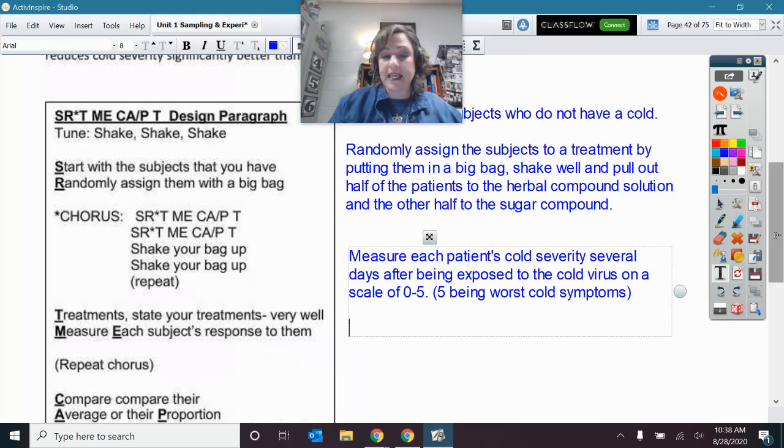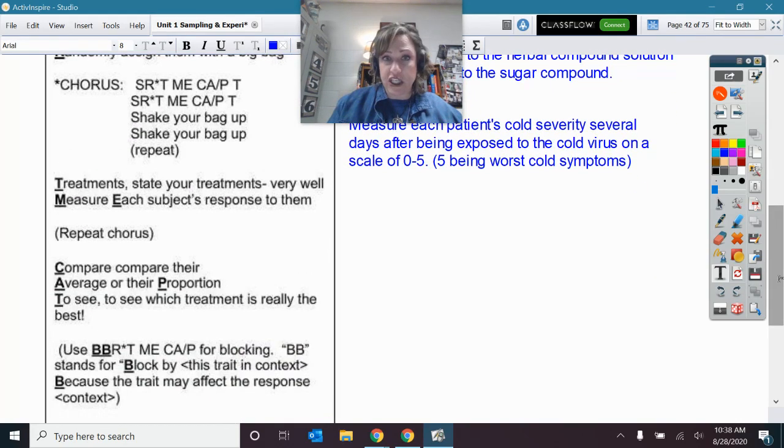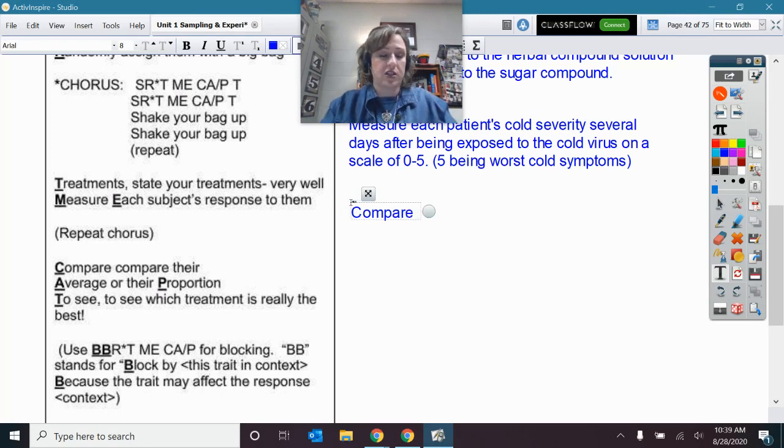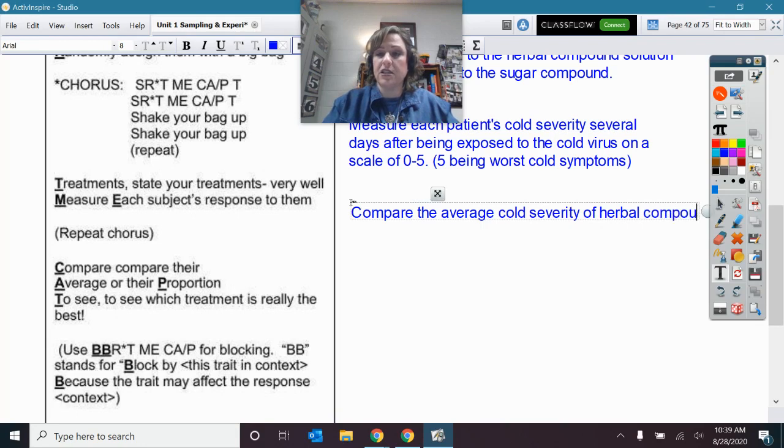And I hope that you can tell that you're going to get an average, not a proportion, but those are quantitative, so we'll have an average. So we want to compare the average of those two groups. Compare the average cold severity of the herbal compound patients to that of the sugar compound patients.